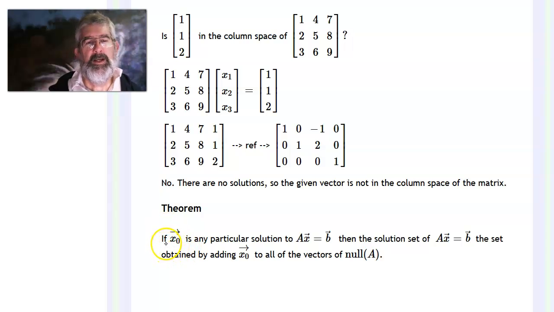And it says this: if you have one particular solution, so x0 is any particular solution to this non-homogeneous system, then the set of all solutions to that same system can be obtained by just adding this x0 to all the vectors in the null space of A. The theorem that we had before said that the set of all solutions look like x0 plus something from the solution set of the homogeneous system. Well, that's what the null space is, the solution set of the homogeneous system.